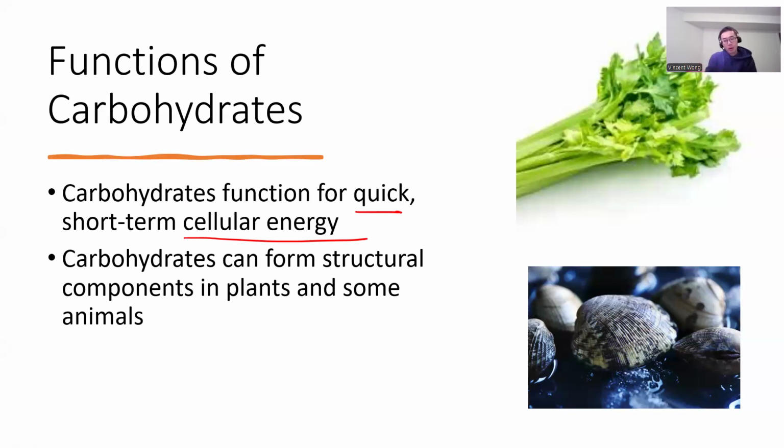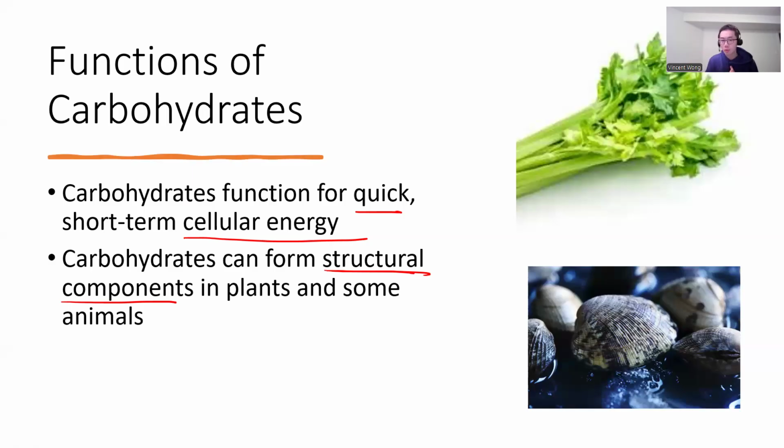For some organisms, like plants and some shelled animals, they need carbohydrates for structural components. The shell is made up of a type of carbohydrate called chitin. It has other stuff in the shell as well, like calcium, for example, but it contains some carbohydrates as well.